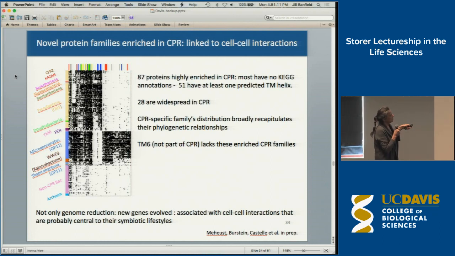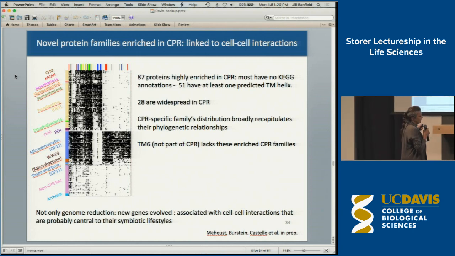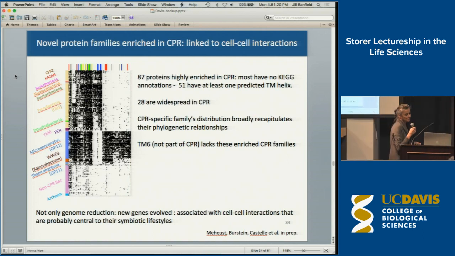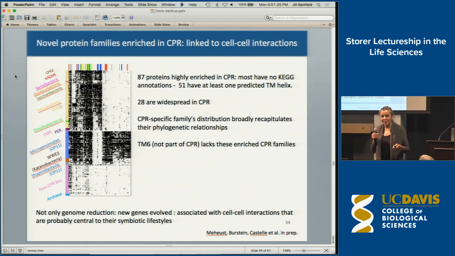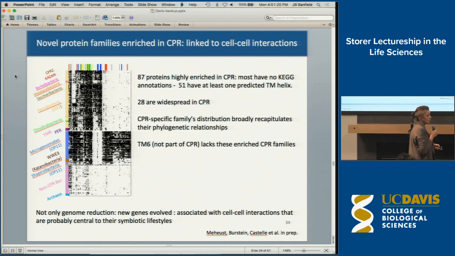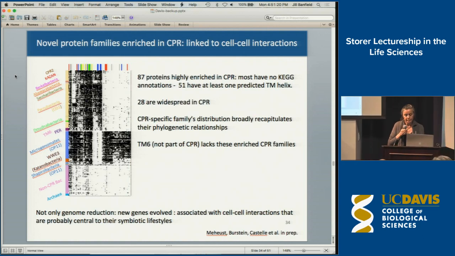Things are grouping together pretty much, for the most part, based on their name, which is based on their taxonomy from phylogenetic trees. Interestingly, the TM6, which are not part of the CPR but look a lot like CPR, a good example of maybe parallel evolution, look like it, but they do not have these CPR-enriched families, supporting the fact that they are in fact not part of the CPR.